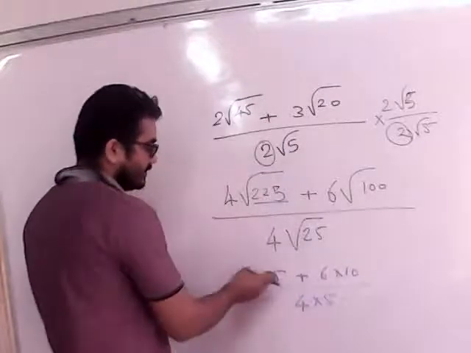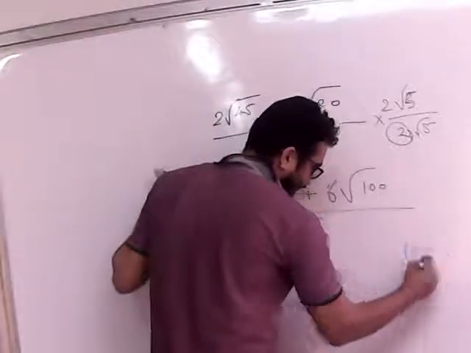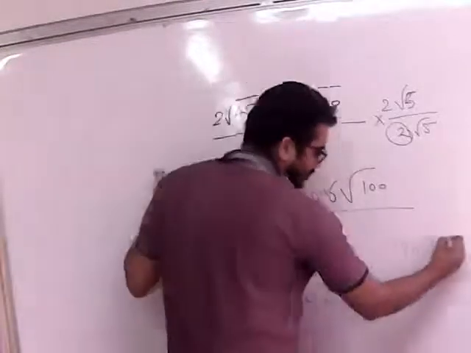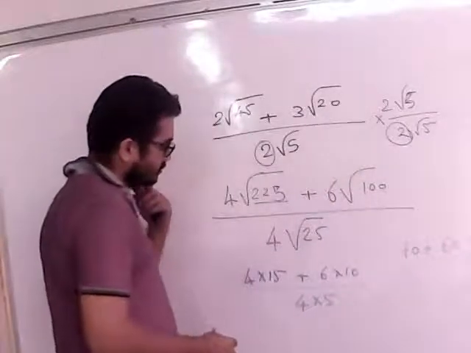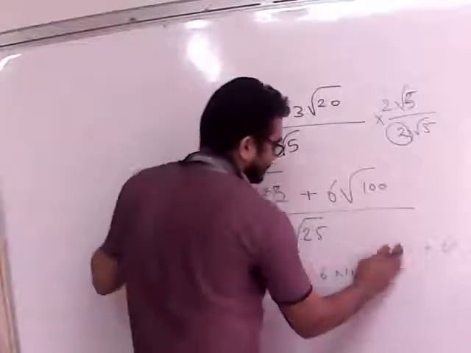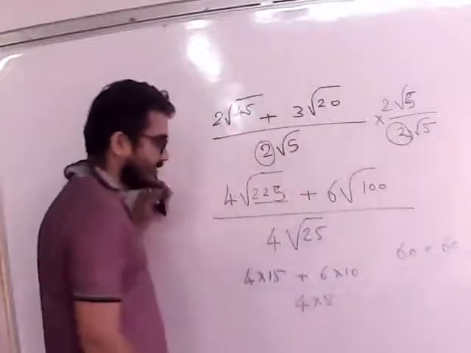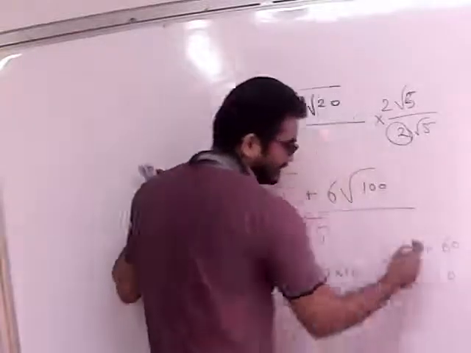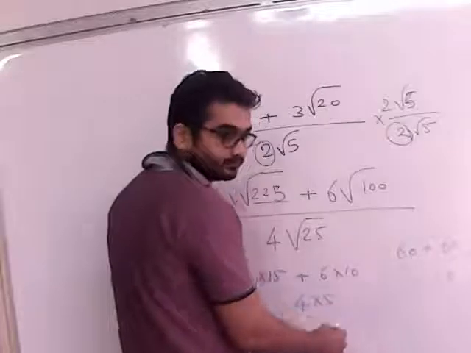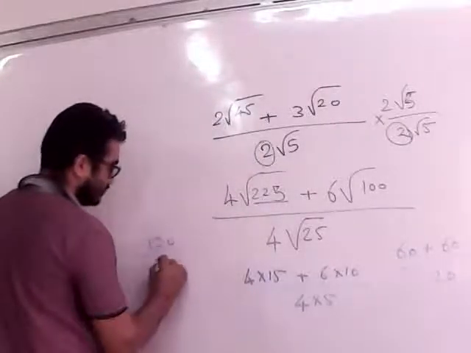Okay, now what? 4 times 15 is 60, plus 6 times 10 is 60, upon 4 times 5 is 20. So 60 plus 60 is 120. So we will get 120 upon 20.